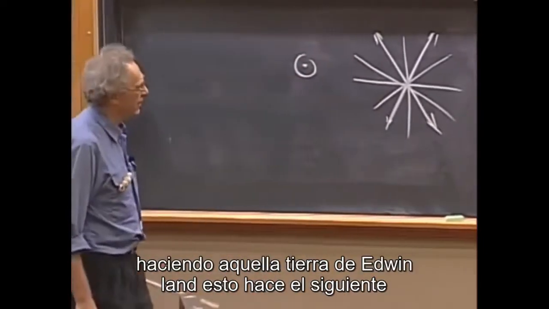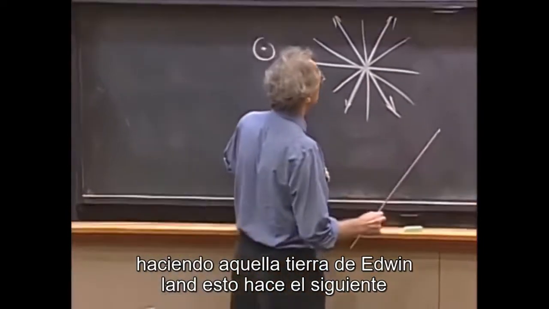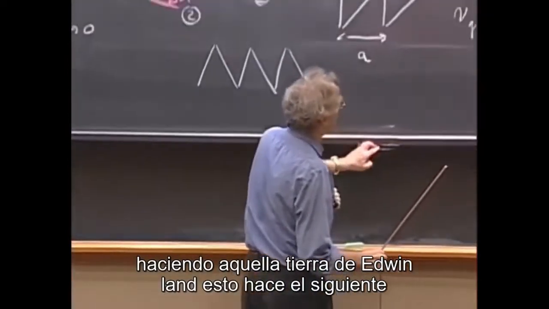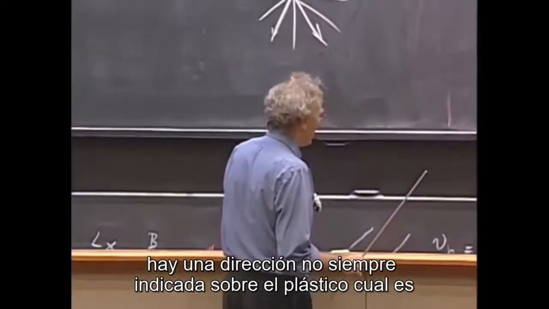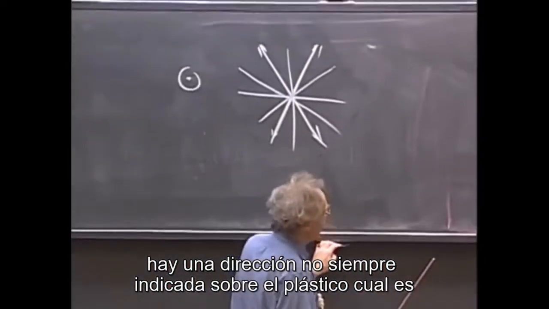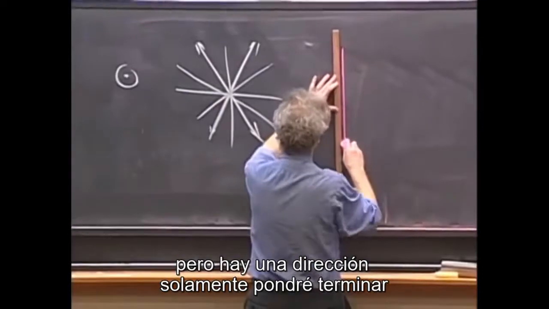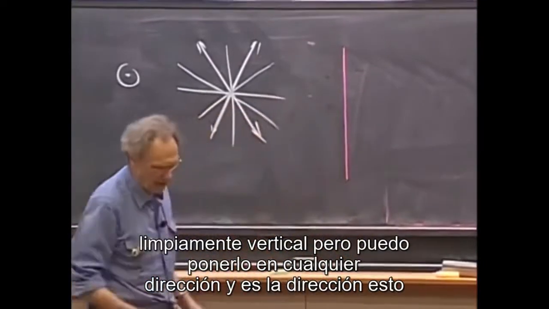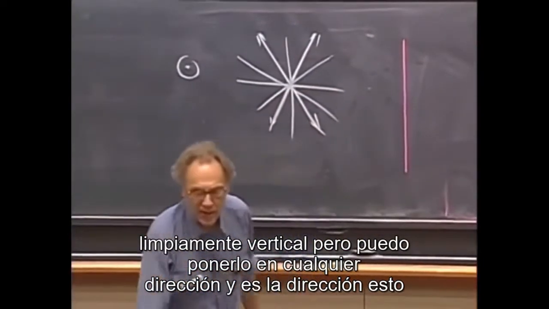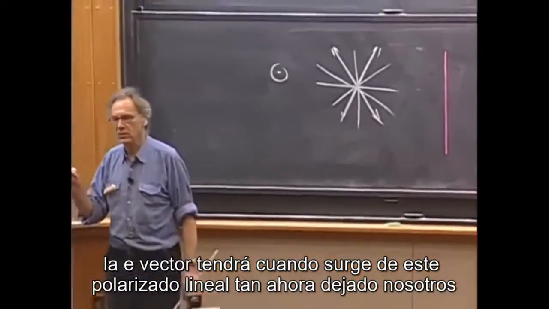Now, what is this magic piece of plastic doing that Edwin Land invented? There is one direction, not always indicated on the plastic what that is, but there is one direction. I'll just put it arbitrarily vertical, but I can put it in any direction.